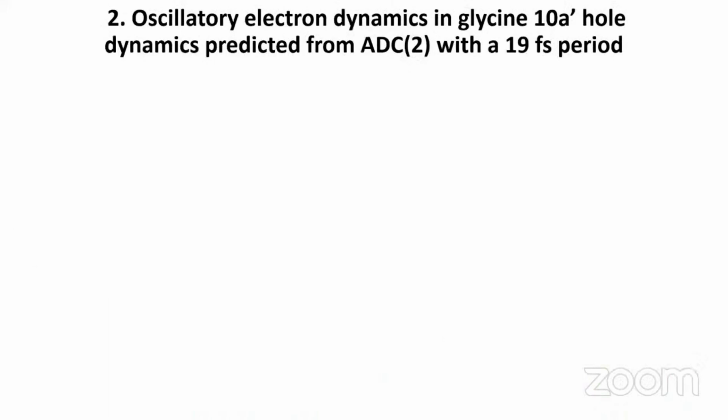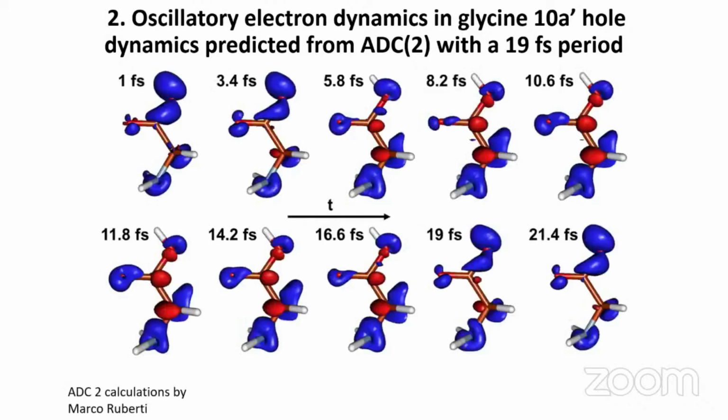And the calculations are down to Marco and his ADC2 B-spline ADC theory. He predicts that in the 10A prime hole state, there's going to be a 19 femtosecond oscillatory period for the charge migration. And he checked that even when he puts in the geometry averaging, that still persists at least over a full oscillation cycle.